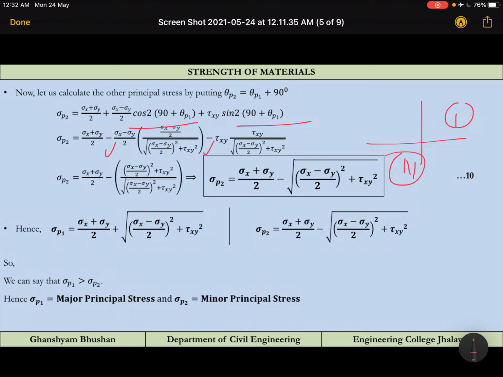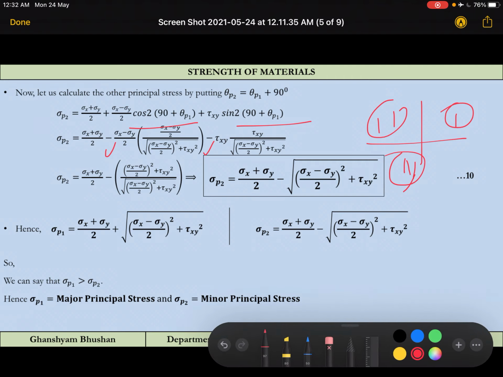This is the first, this is the second, and this is the third quadrant. So this theta p2 is lying in the third quadrant, and that is why this negative term has come. Now you just simply solve it, and you will end up getting this equation.